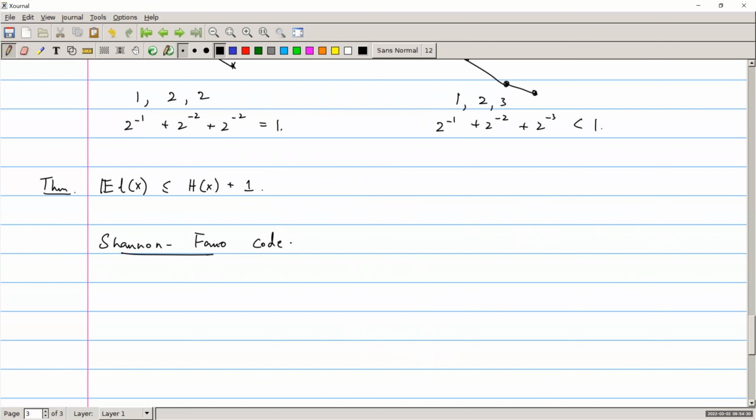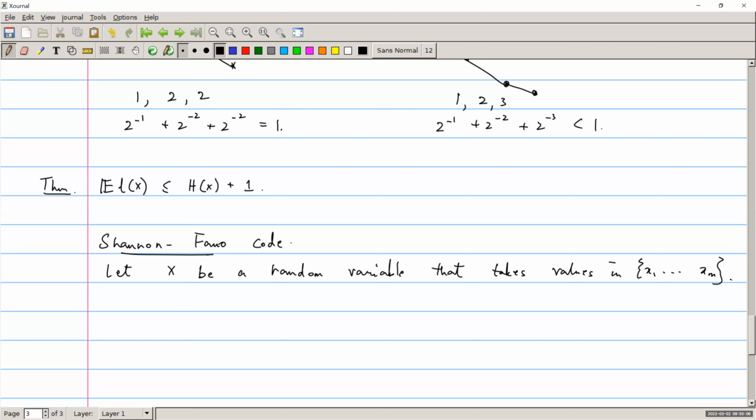The primary insight here is that, again, let x be a random variable that takes values in a finite set. Once again, you could do this for countable alphabets, nothing specific about finite.